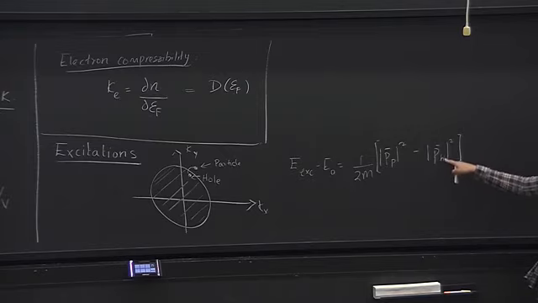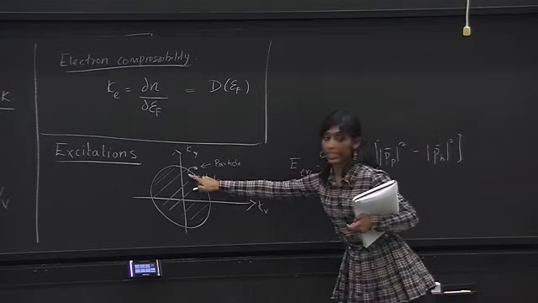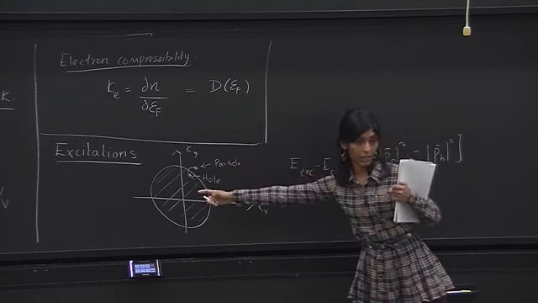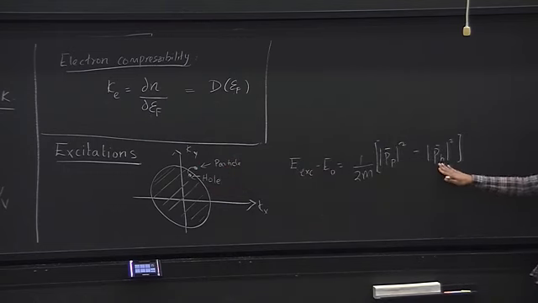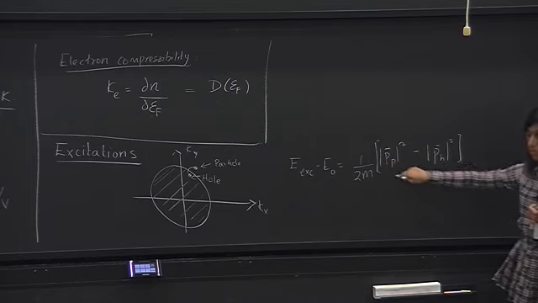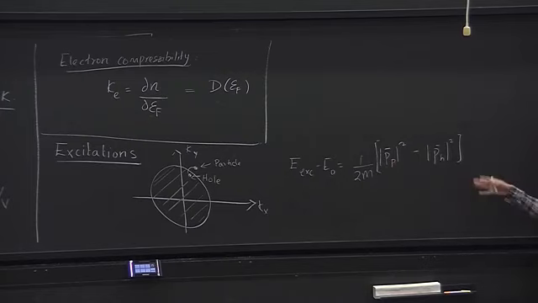So the hole is the state that the electron used to occupy in the ground state. And so you promote an electron which used to have this momentum to this momentum, and in the process you gain the p squared over 2m difference in energy.